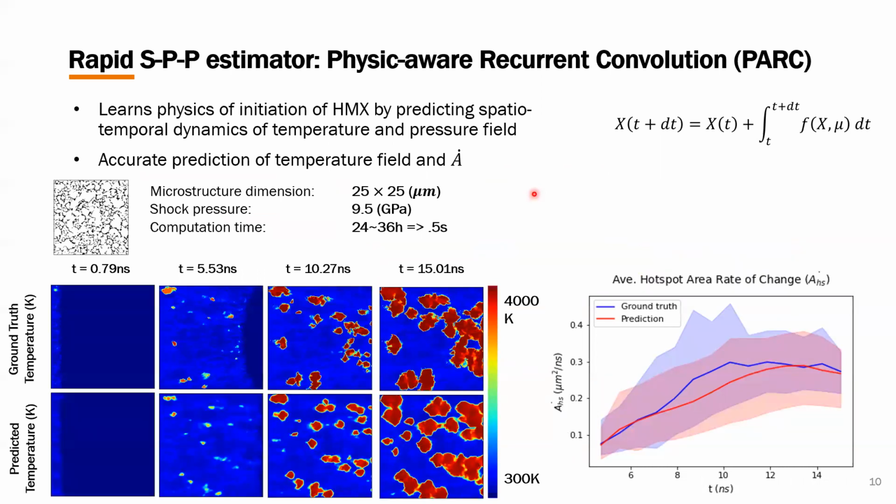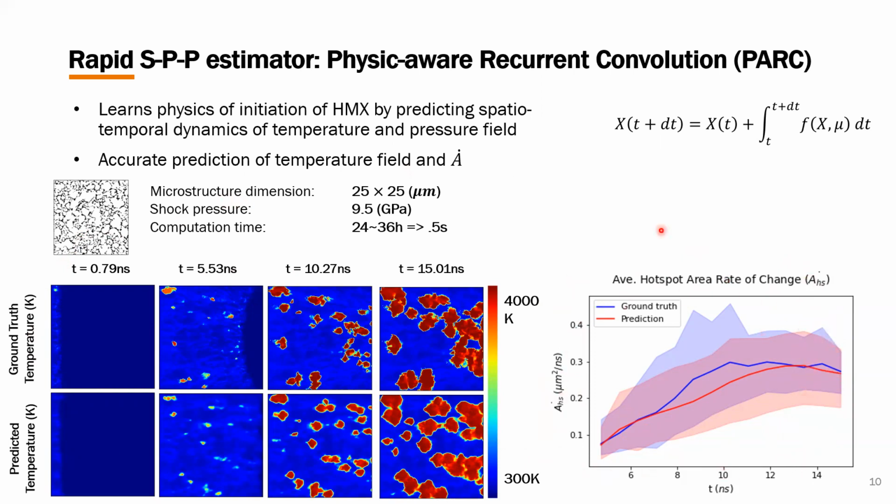Here we show the performance of the PARC. We can observe the evolution of the temperature of the ground truth, and then the prediction from the PARC. It is not perfect, but it can still predict the evolution of the temperature quite well, and its estimation of the property lies in good agreement with the ground truth, which is the true interest.